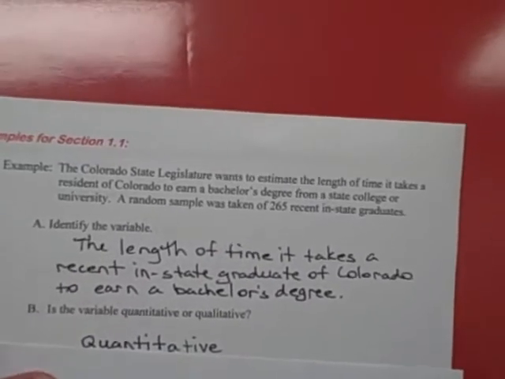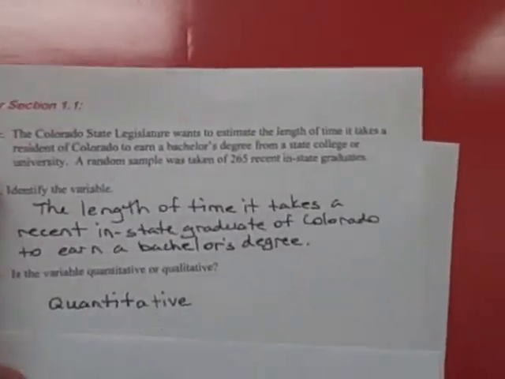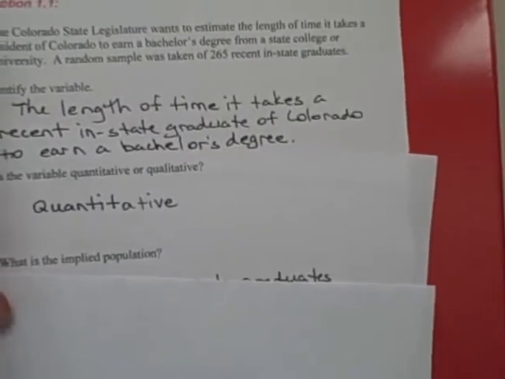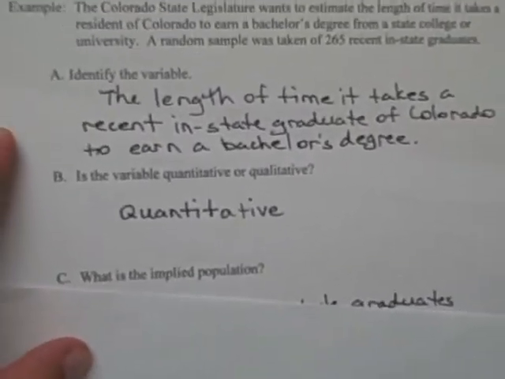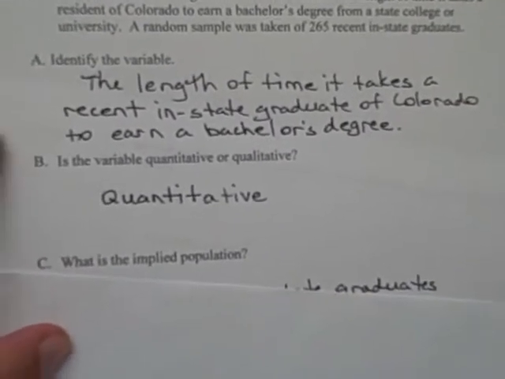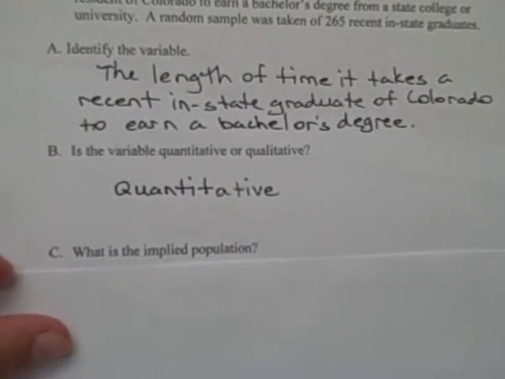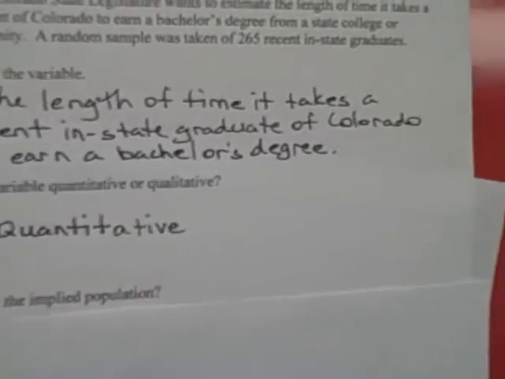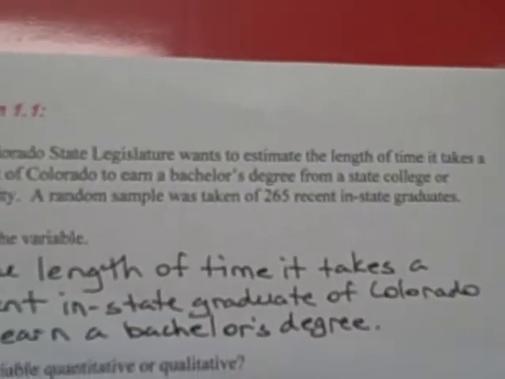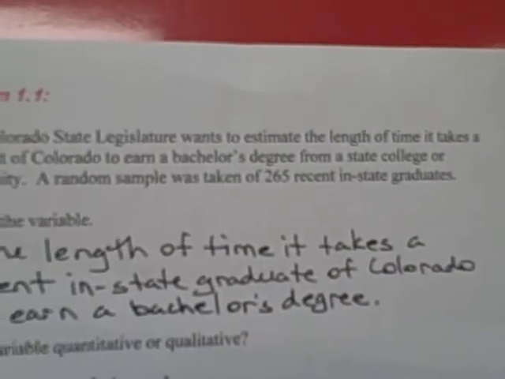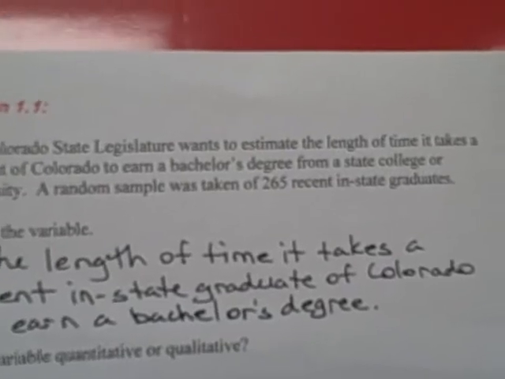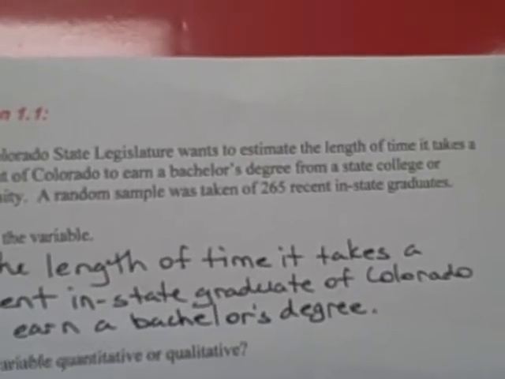All right, next, we want to know what is the implied population. Now, what you want to ask yourself, you can only generalize to the population that was sampled from. So go back in the problem. A random sample was taken of 265 recent in-state graduates.